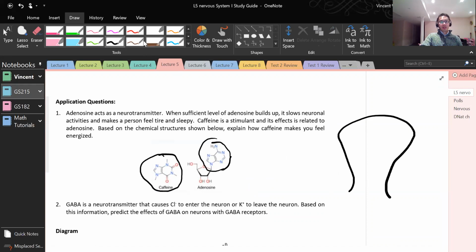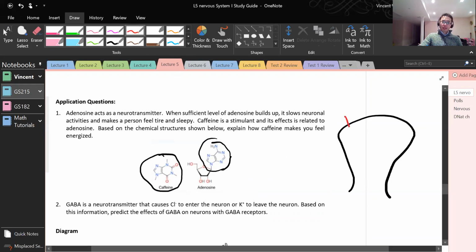Okay, so here we have a receptor. Okay, we have some receptor. Okay, and so what happens is the adenosine. Okay, let's say the adenosine looks like this.